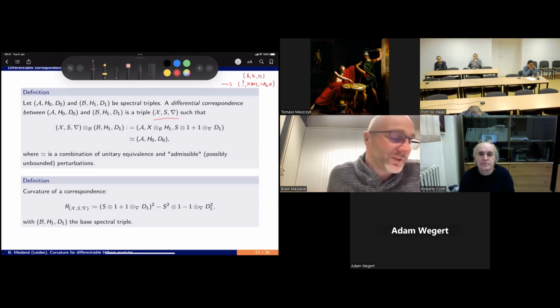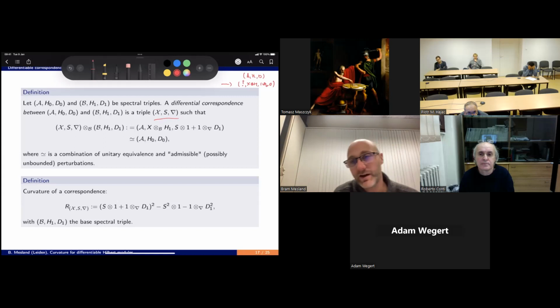You should trust me that this works with the right analytic conditions, but the underlying structure is algebraic. So I can use this data. X is a module, S is a possibly unbounded operator on this module, but it's a linear module operator. And nabla is a connection, and they need to satisfy some compatibility conditions.